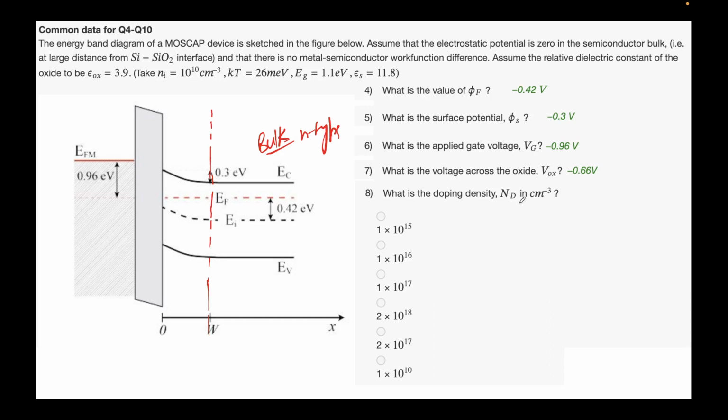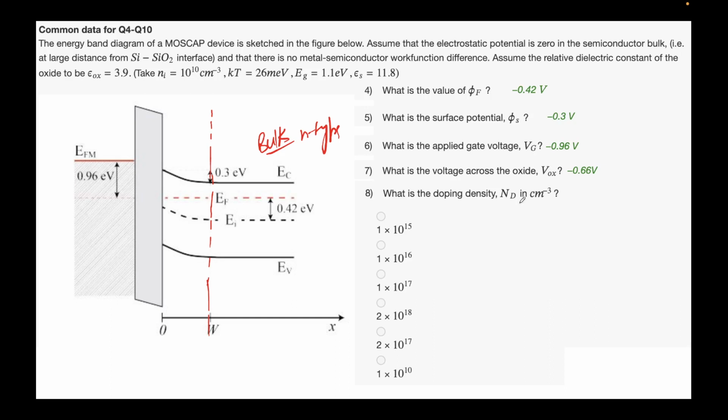This is silicon, with a band gap of 1.1 eV and ni of 10 to the power 10 cm minus 3. In silicon, usually at room temperature, your impurities are ionized, so all the donors would have donated their electrons, hence n can be written as equal to Nd. ni is our intrinsic concentration, which is 10 to the power 10, times exponential of EF minus EI.